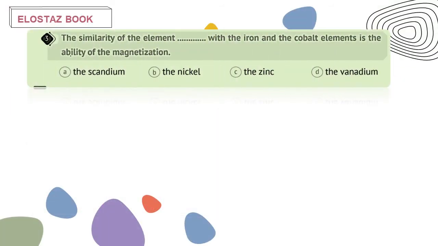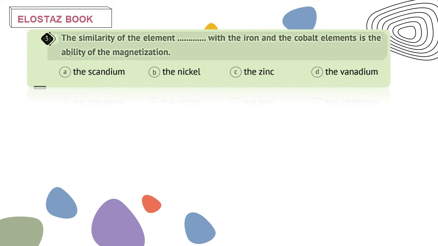Question 3 says that the similarity of the element with iron and cobalt is the ability of magnetization. We have scandium, nickel, zinc, and vanadium.